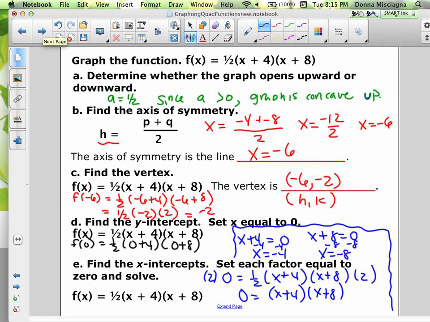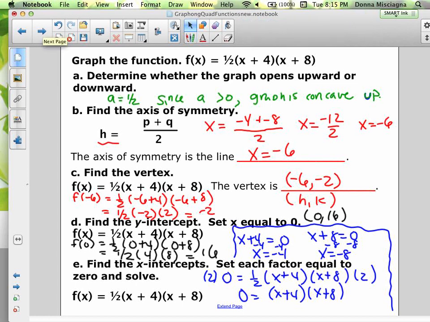That's true no matter what the graph is. So we have 1/2 times 4 times 8. Half of 4 is 2. 2 times 8 is 16. So our y-intercept is the point 0, 16.